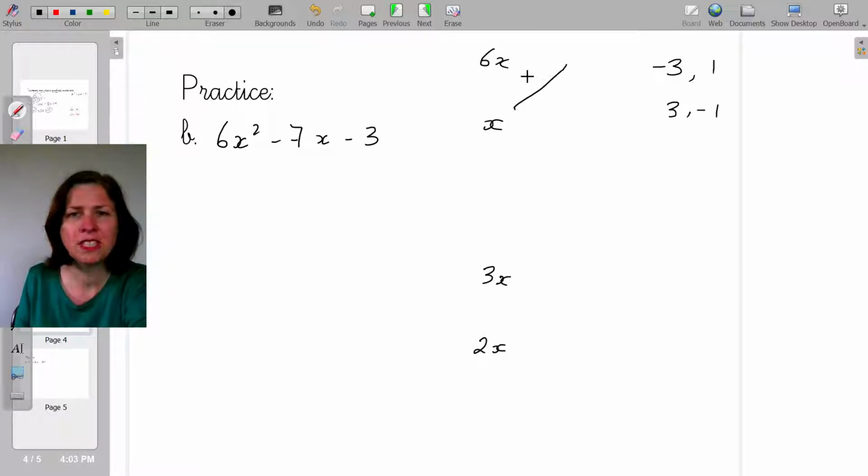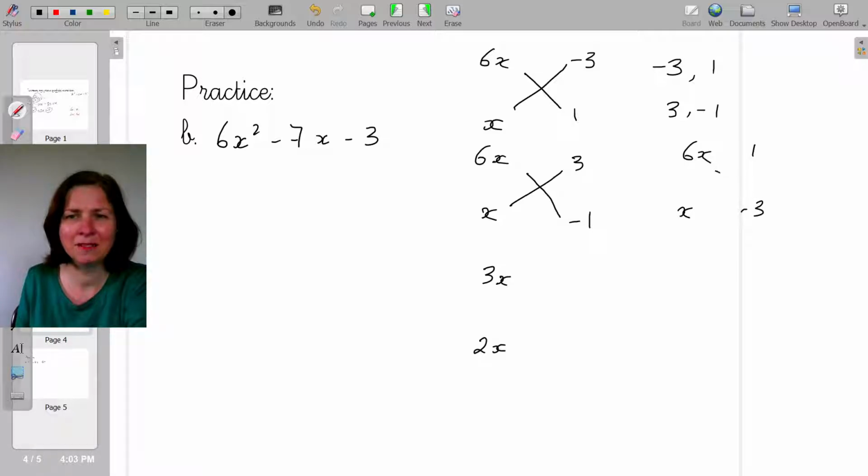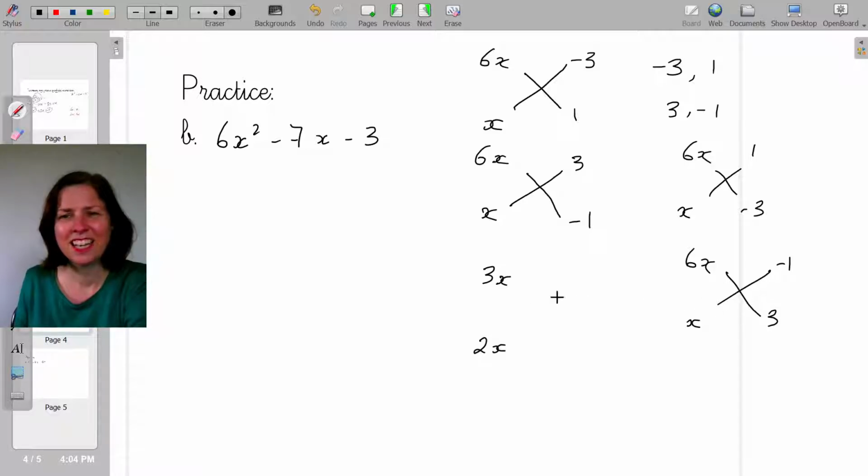So I'm going to have 6x and x times negative 3 and 1, or times 3 and negative 1, or times 1 and negative 3, or times negative 1 and 3. Now, if I do that all again here, I'm going to have 4 more trials.